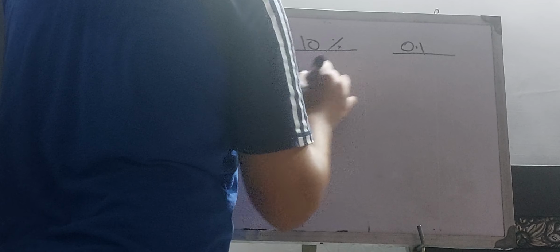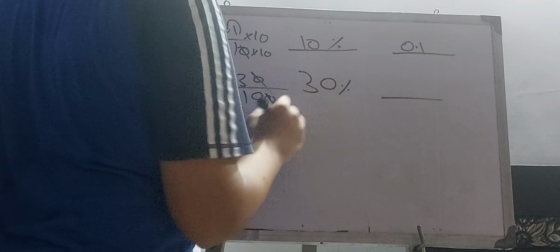And the second is 30%. I'm doing this a bit fast because the video is getting a bit long. So 30%. This time they have given a percentage. Percent means it will be 30 by 100, in which you can cut the zeros, and then it's 3 by 10. 3 by 10 is equal to 0.3.